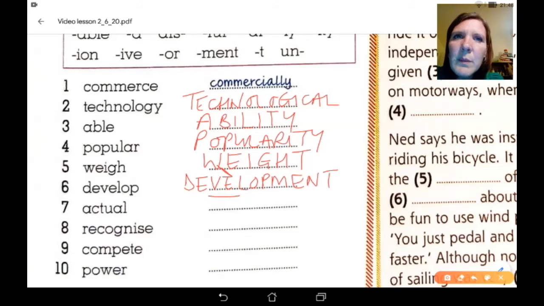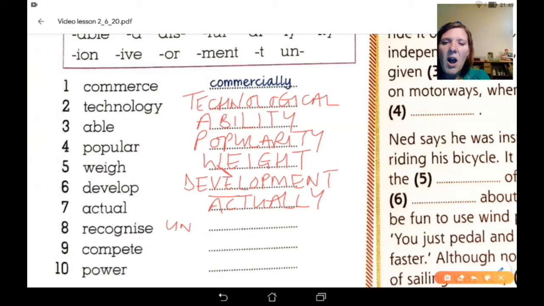Number 7, we had actually. So the older models were actually too heavy. Number 8, the adjective, the laptop of today. Now this one, we need to be careful. Remember, you always need to think, is it positive or is it negative? And here we need to use both a prefix and a suffix as well. So we have unrecognizable.